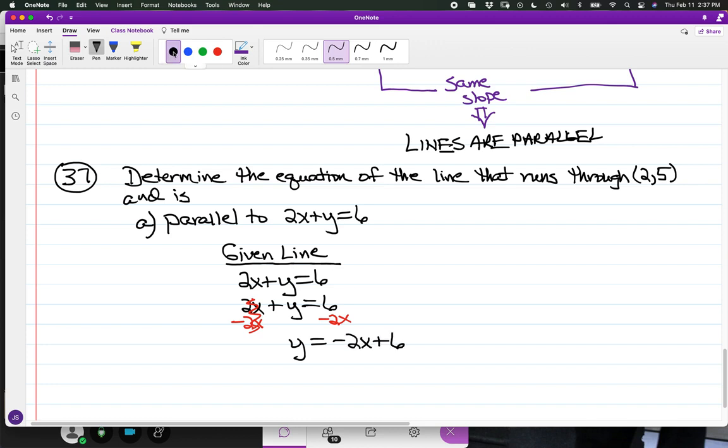And so from this, you have the slope-intercept form, and what is next to x is going to be the slope. Again, for the parallel line, parallel lines are going to have the same slope.